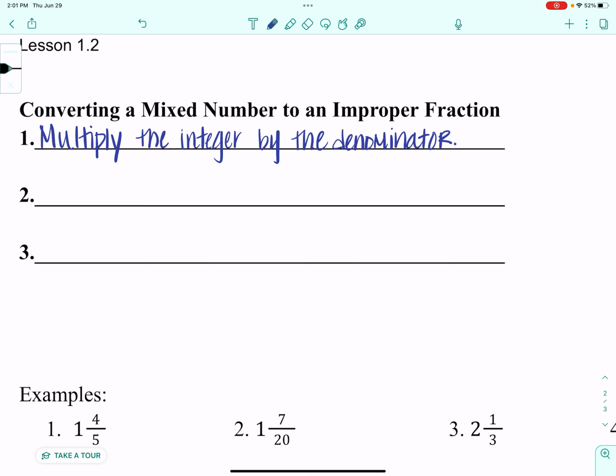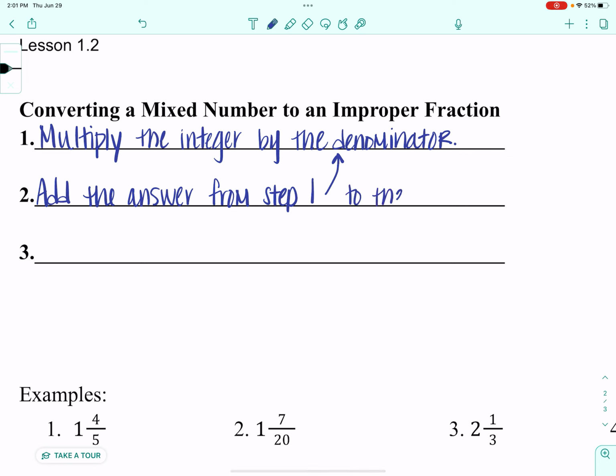Once we do that, we are going to add the answer from step 1, so that part right there, to the numerator.